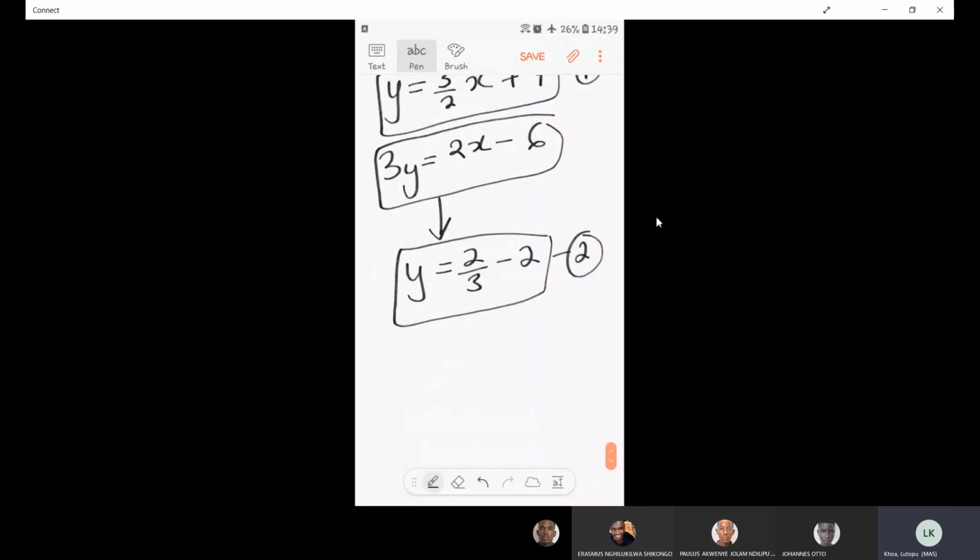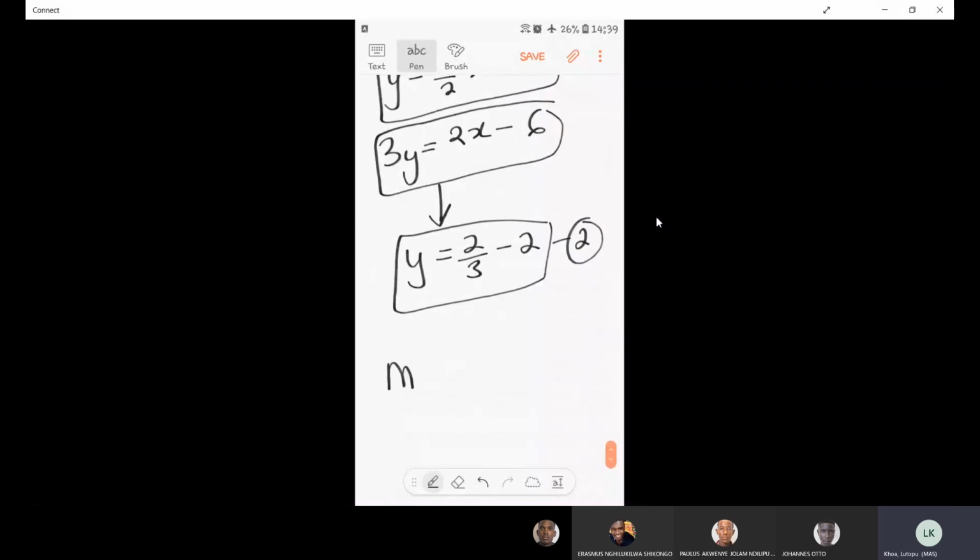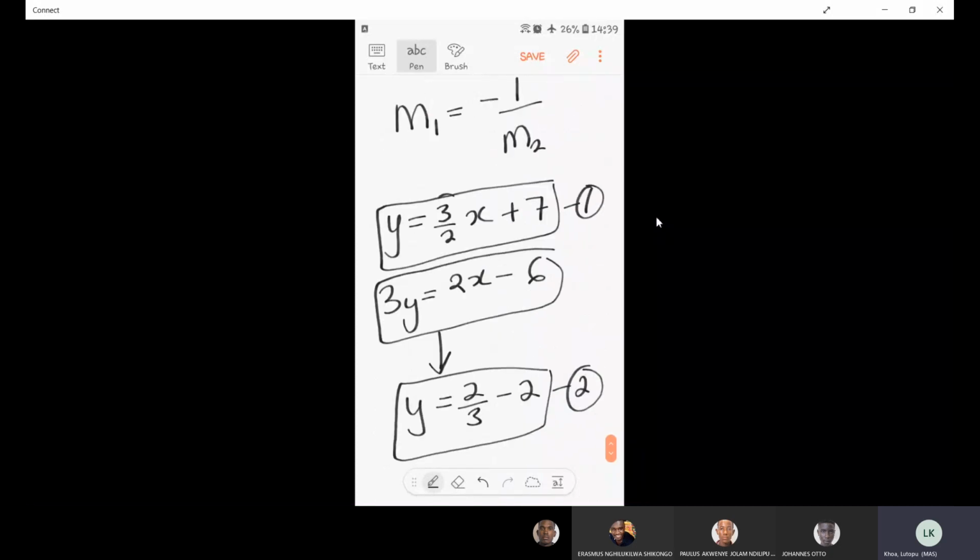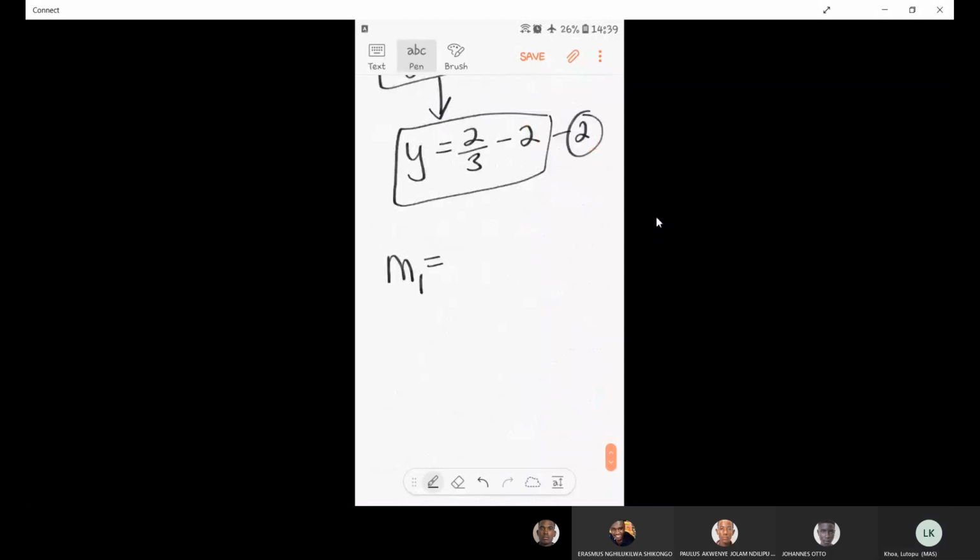So the gradient of line 1, this is the coefficient of x, is 3 over 2. The gradient of line 2 is just the coefficient of x, which is 2 over 3.